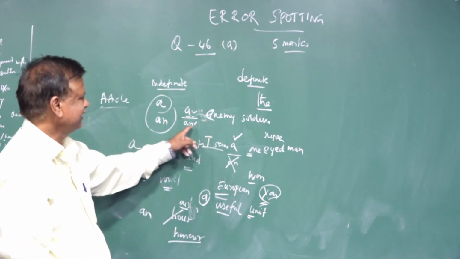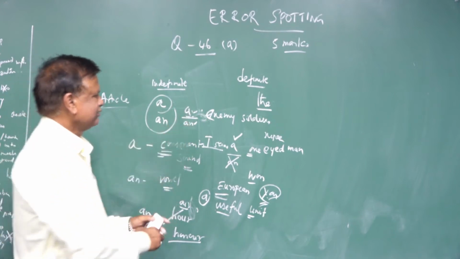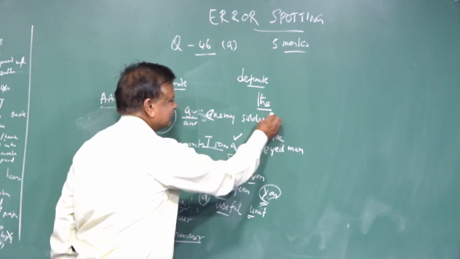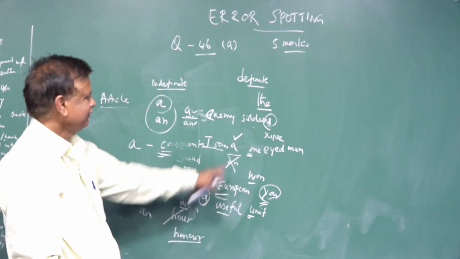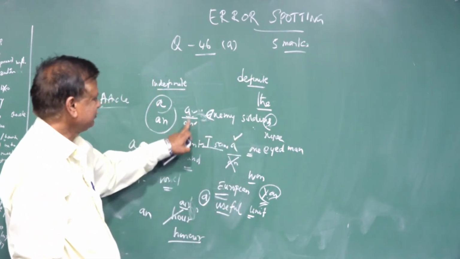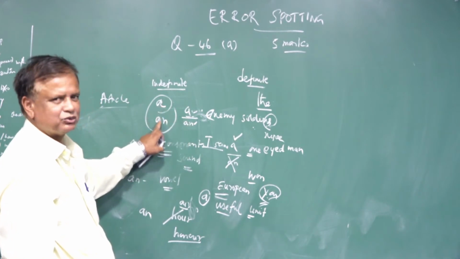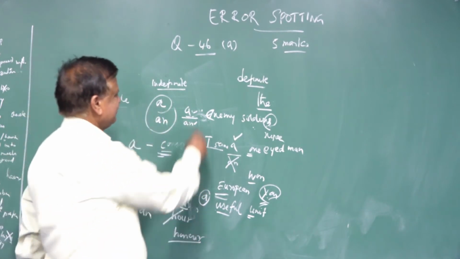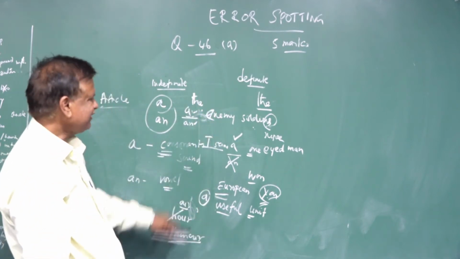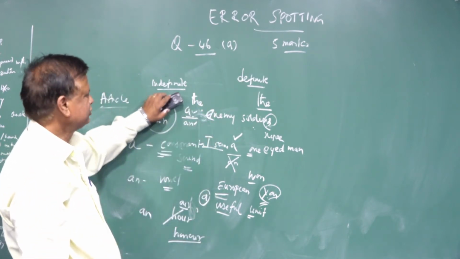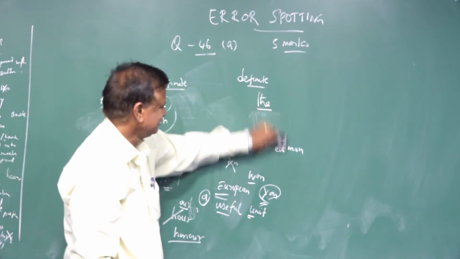Because it is an E, I cannot use a or an because the word here, soldiers, is plural. When it is in the plural, I cannot use a and an because a and an denote only one thing. So, definitely it should be the. This tricky one, you should be very careful.